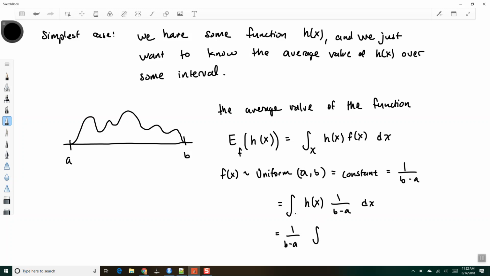The domain of x is a to b, of h of x dx.